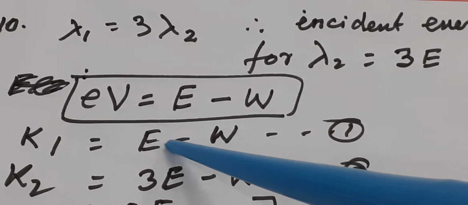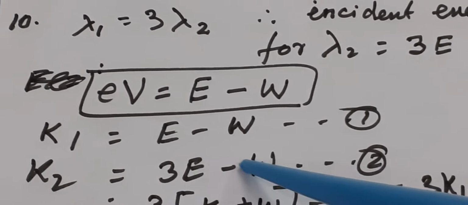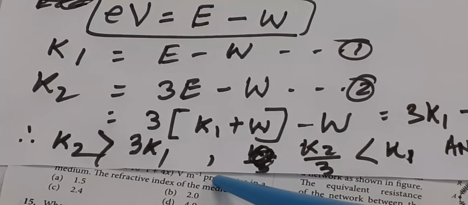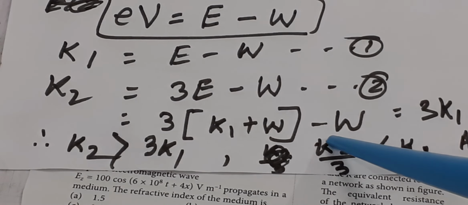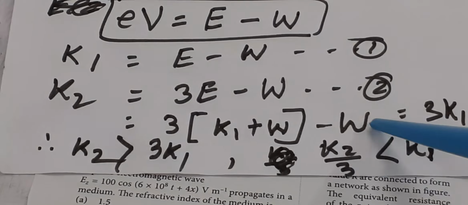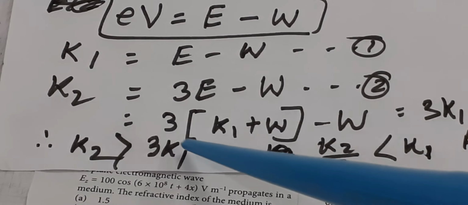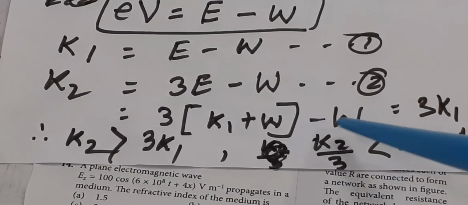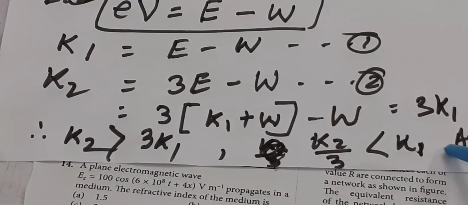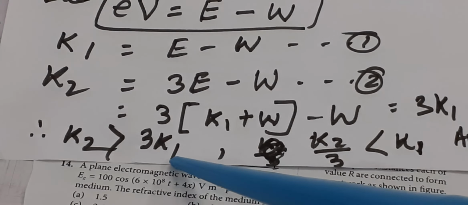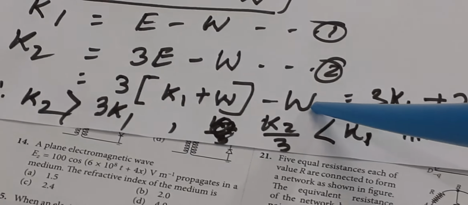So substitute E from here, you will get this type of expression: K2 equals 3 times K1 plus W, minus W. If you simplify here, you can see that K2 is greater than 3 times K1, with twice W extra there. So from here we can say, this is a mistake here, K1 will be less than K2 by 3.